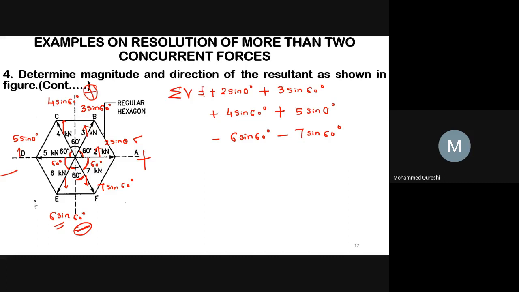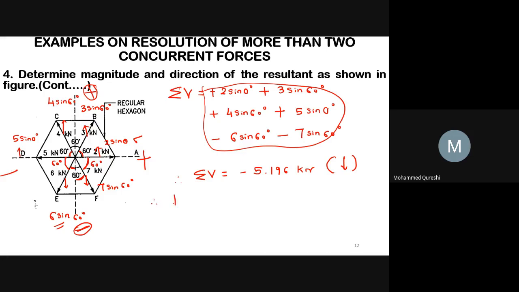So after solving all the components, you will get the value of sigma V as minus 5.196 kilonewton. It is minus, hence it lies on the negative vertical axis.